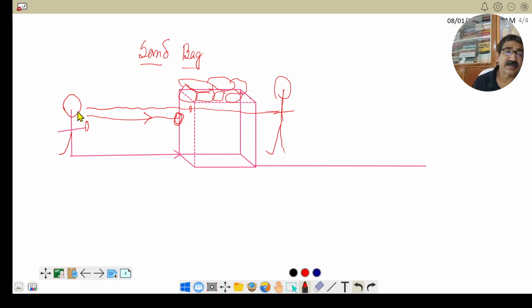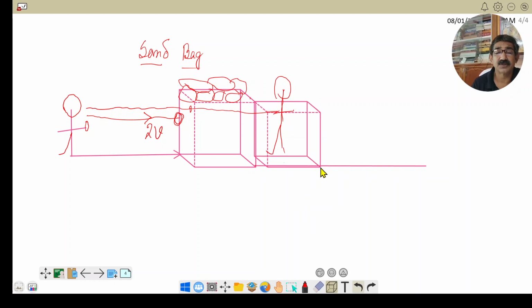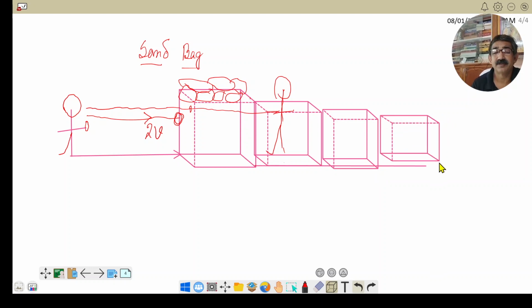If you are informed they can throw bullets with double velocity, then you have to arrange similar planks, four planks, otherwise you will be killed. So you have to place similar boxes like this: one, two, three, four, etc. And beyond that region, you have to post the police personnel. Otherwise, they will be killed.